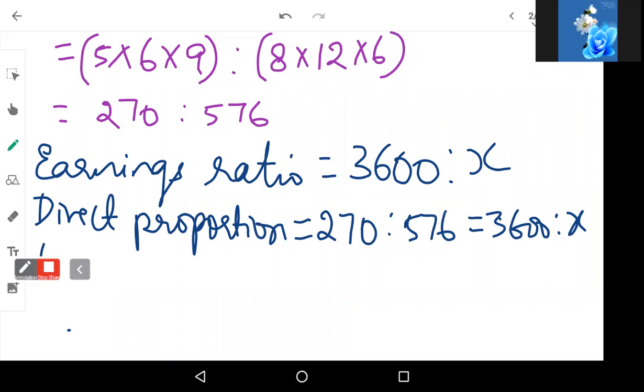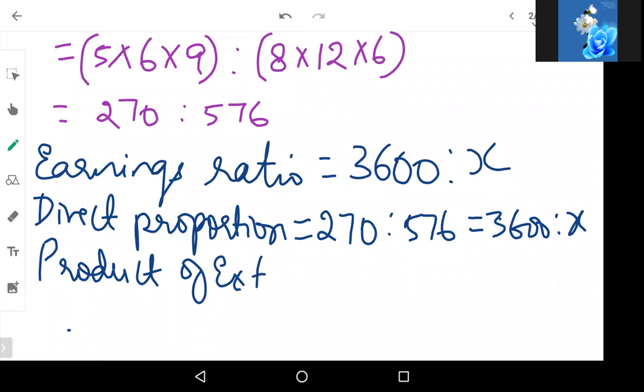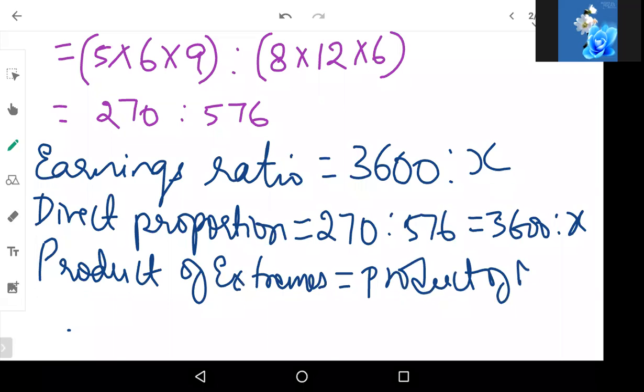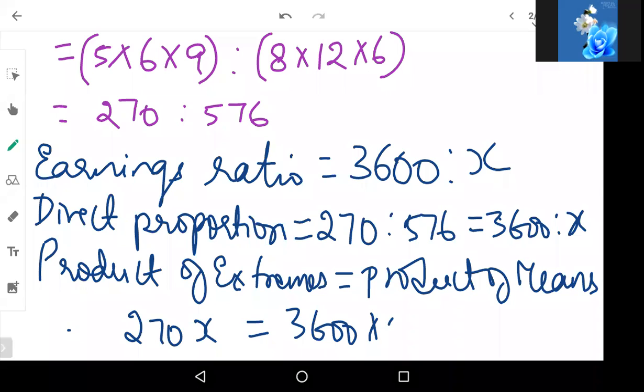So product of extremes is equal to product of means. So what do you have? 270 into x is equal to 3600 into 576.